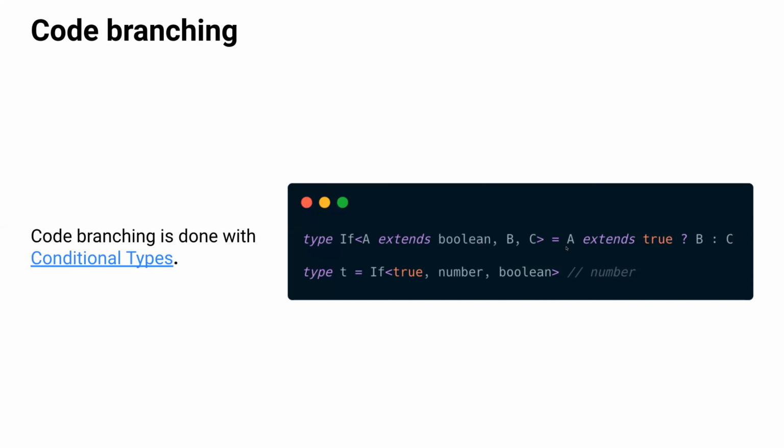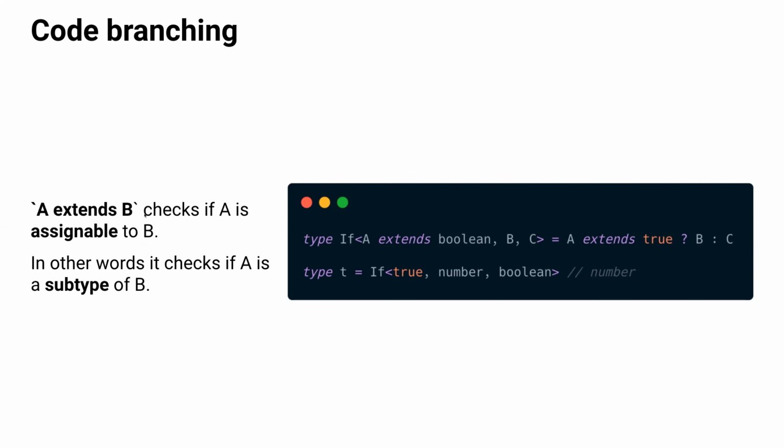So in this case, is A assignable to true? So the only way this can be true is if A is true. So you can think of it as an equal here. And in this case, we return this, otherwise we return that. So if you do if true number Boolean, you get number. Simple.